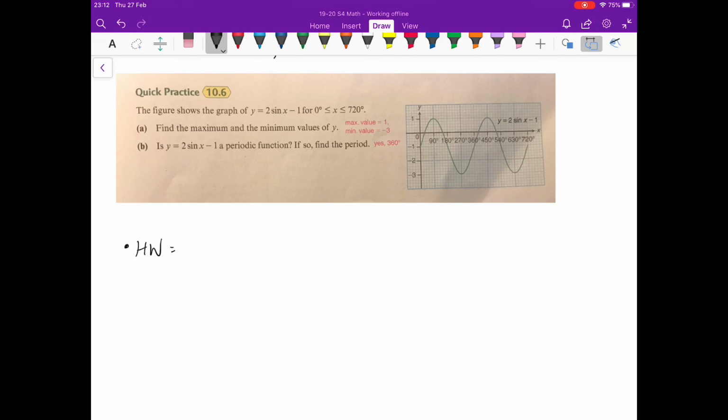As for today's homework, it is exercise 10B, questions 16 to 18, and then 22.